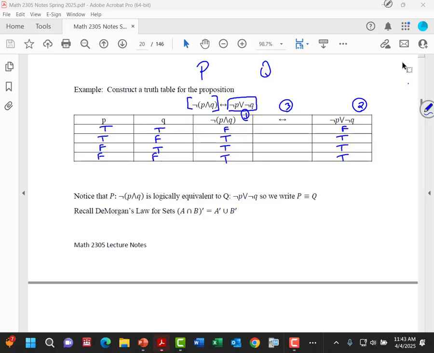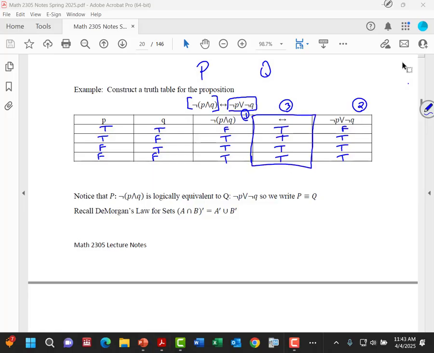Now, lastly, let's look at the connector. If I have a false, if and only if false, well, that's true. True, if and only if true, is true. True, if and only if true, is true. And true, if and only if true, is true.